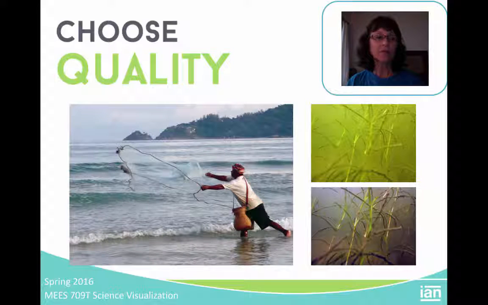So start with a photo with the appropriate composition for your story and the highest resolution you can obtain. Then use software to transform your good photo into a great photo. On the left, the original photo was taken from a distance and the fisherman almost too tiny to see.